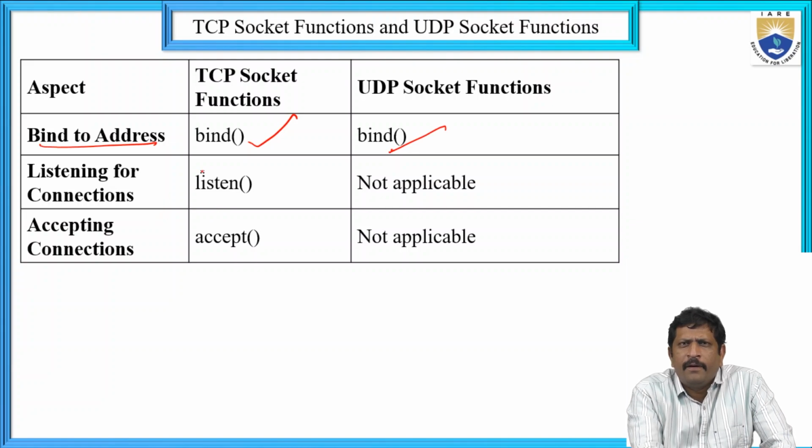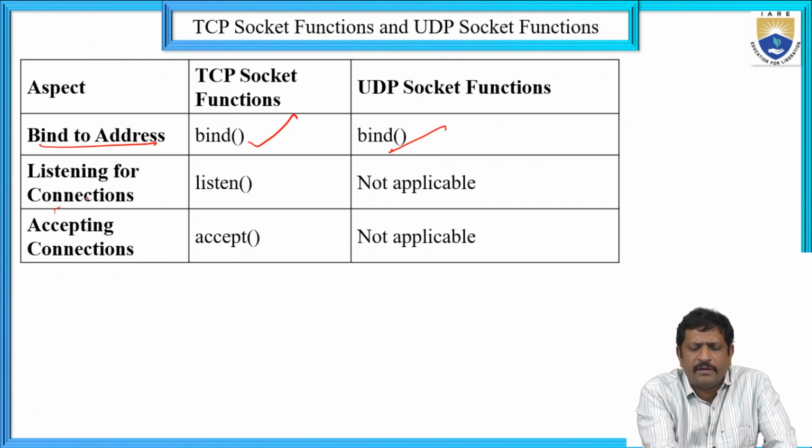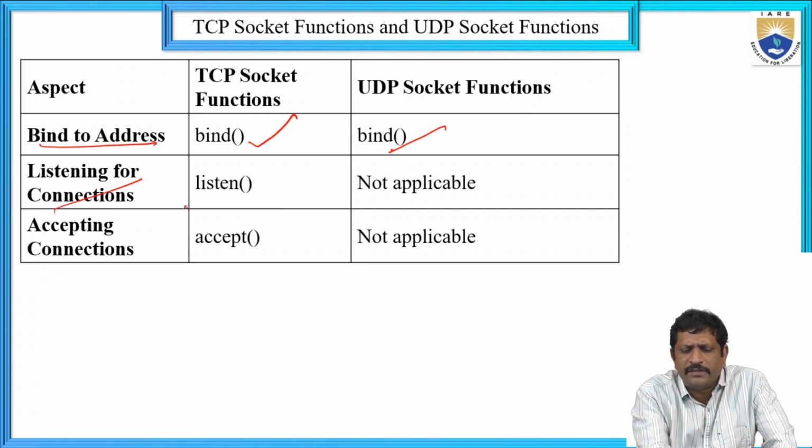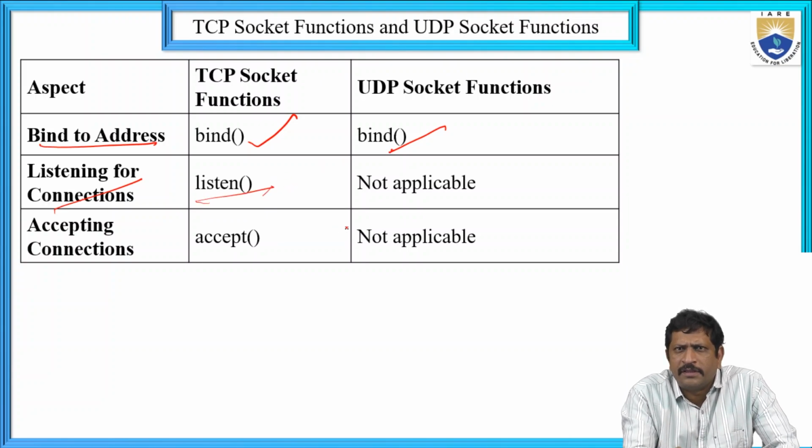Listening for the connection. In connection-oriented communication, the server uses the listen method. By using this listen method, the server listens for and accepts whatever information is coming from the client, and receives the information.